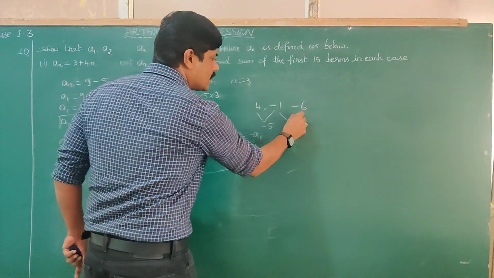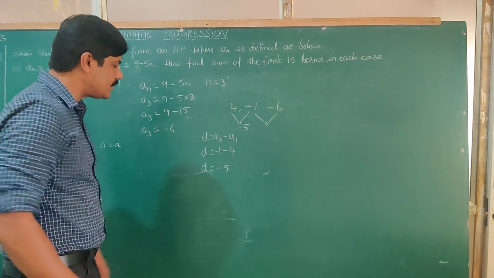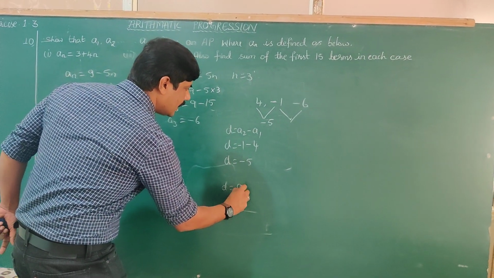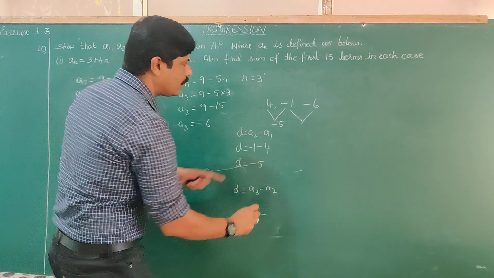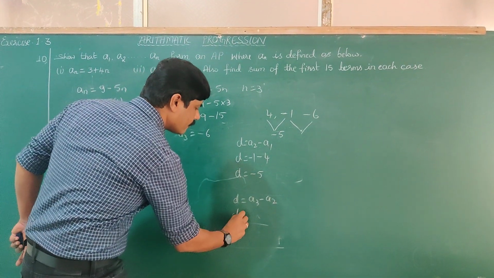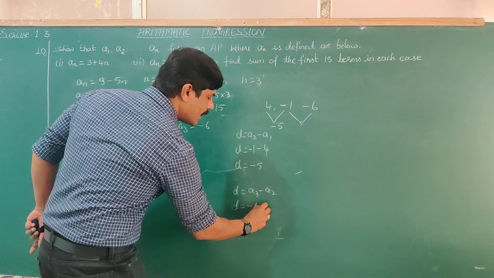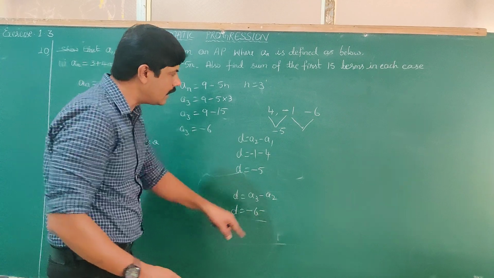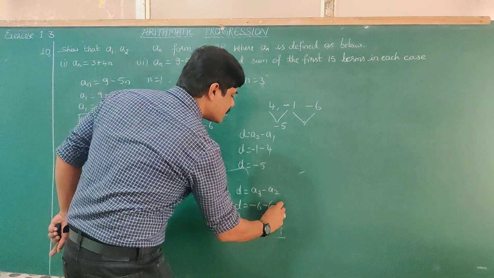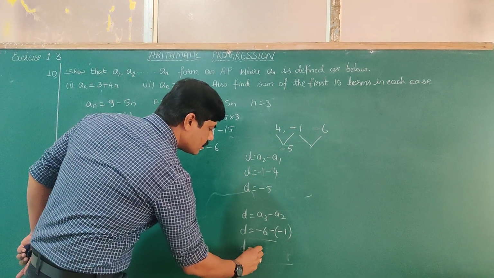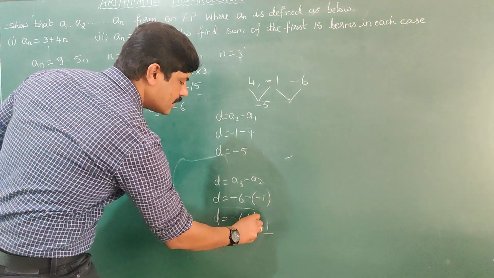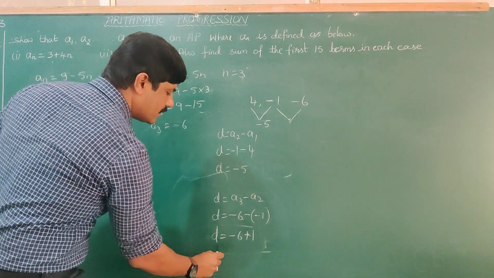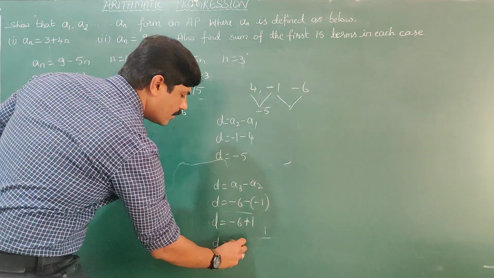Now see, what is the difference between the next consecutive terms? d is equal to a3 minus a2. a3 is minus 6, minus a2, which is minus 1. So d is equal to minus 6 plus 1, since minus into minus is plus. d is equal to minus 5 again.